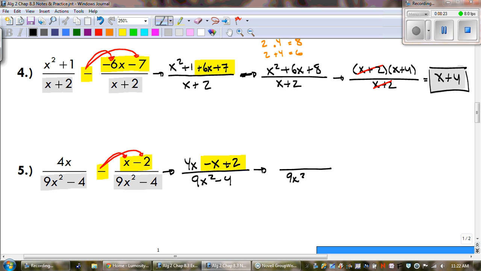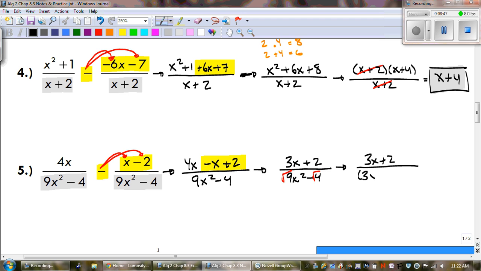On the top, you get to combine your like terms. 4x minus x is 3x plus 2. Can I do anything with the top? Nope, that stays the same. But the bottom is the difference of two squares.